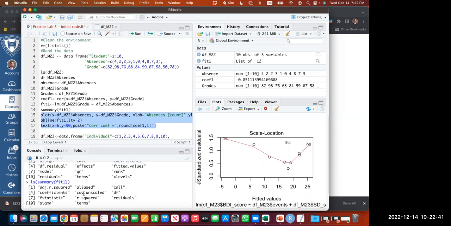You do summary(fit1) again. Well, where you typed it in, you just have to press enter. Summary(fit1) is always on line 14.